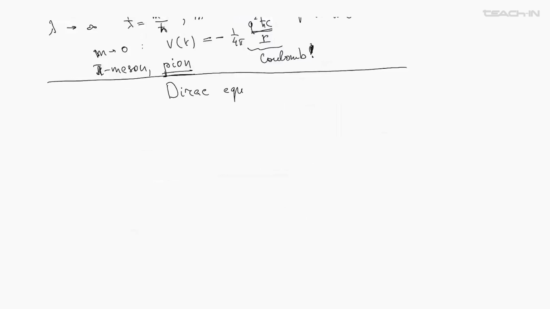So in 1928, Dirac discovered his relativistic equation, trying to overcome these difficulties with negative probability densities of the Klein-Gordon equation.